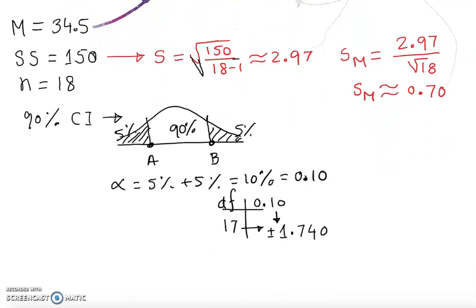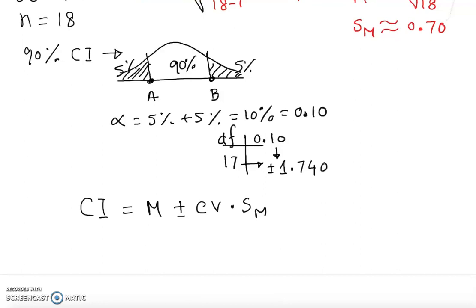So I'm going to write down the formula again. Confidence interval is equal to M plus and minus t value, or critical value, times the standard error of the mean.